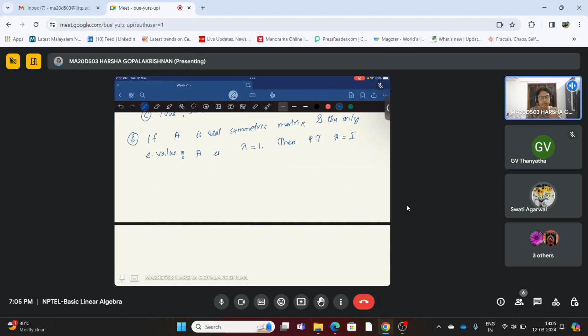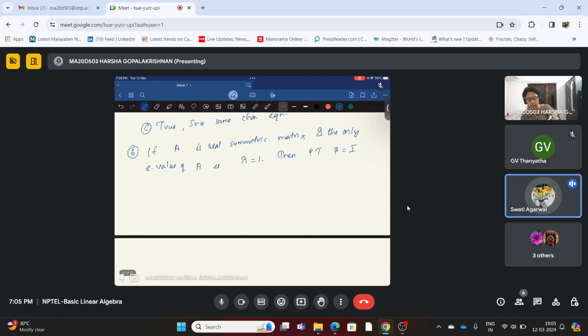If A is a real symmetric matrix, it has real eigenvalues. Is it diagonalizable or not? Yes, it is diagonalizable, so it can be written as P inverse D P for some invertible matrix P.